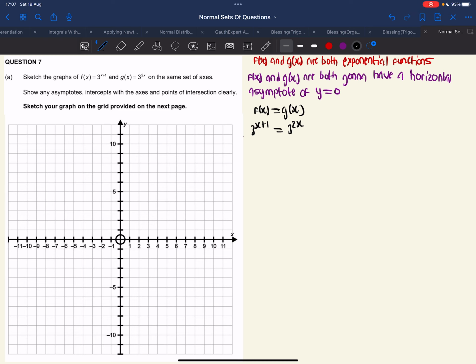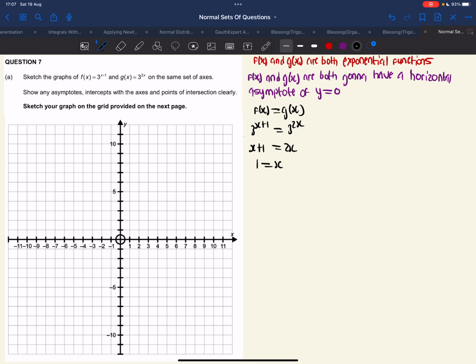They both have the same base, so we can drop them and say x plus 1 equals 2x. Then we take the x to the other side, so 1 equals 2x minus x. So our x is just going to be 1, and then we can substitute x equals 1 into either one of those functions.